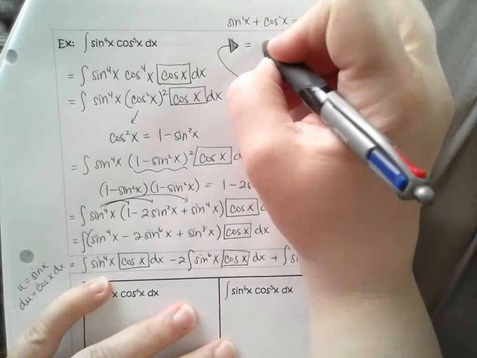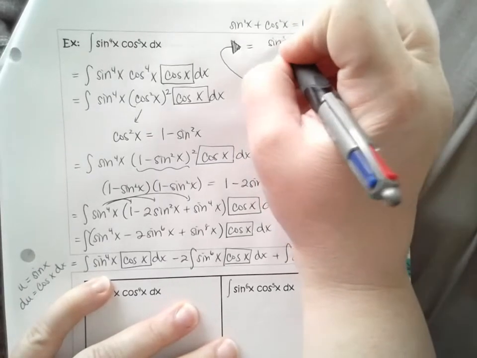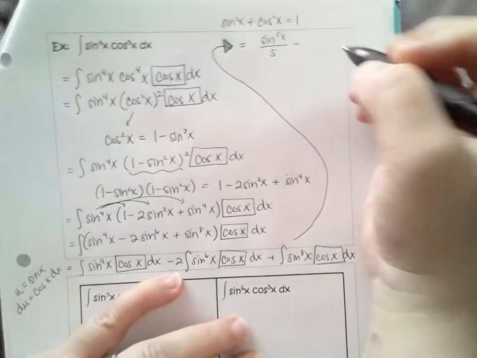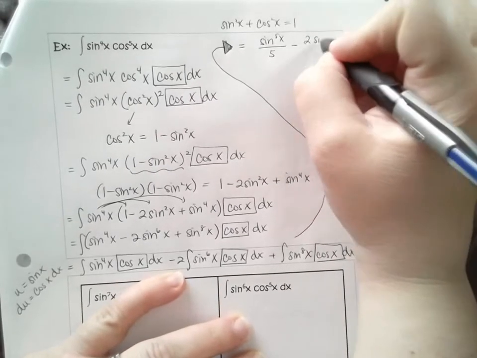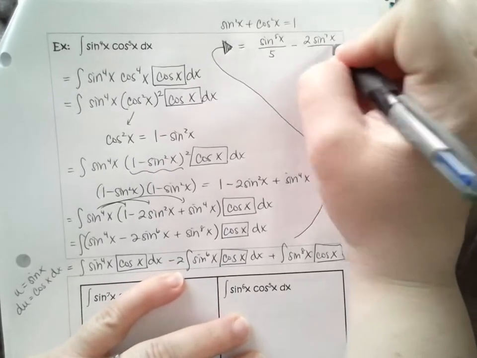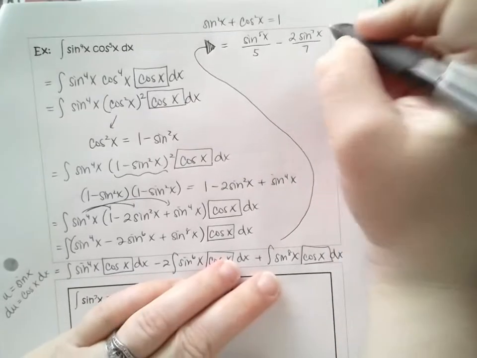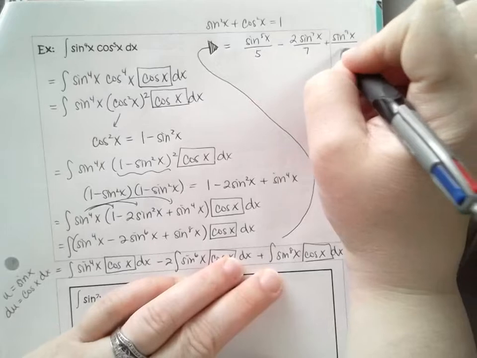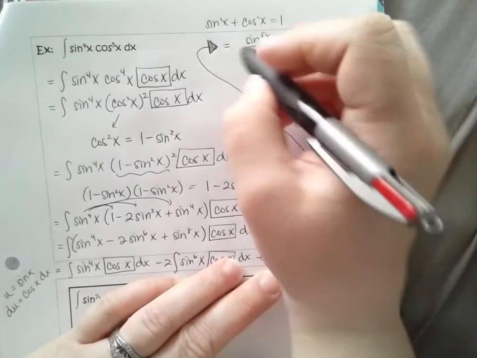It's u to the 5th, remember u is sine, over 5. U to the 6th becomes u to the 7th over 7. U to the 8th becomes u to the 9th over 9. And of course I have to remember my plus c.